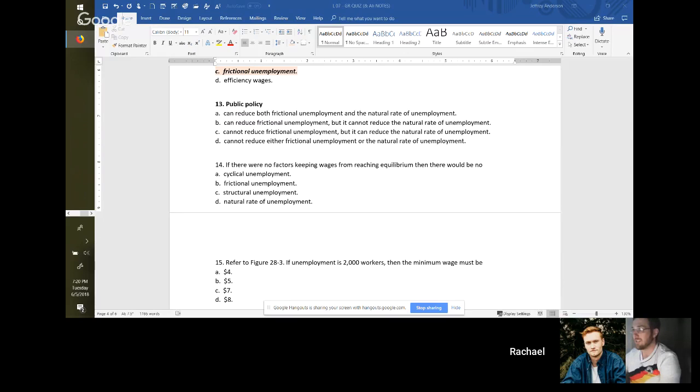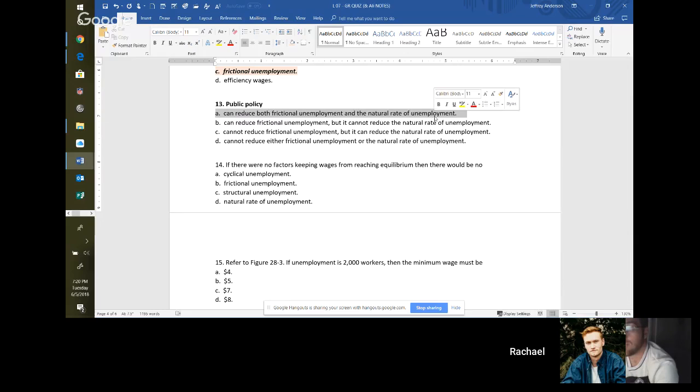Not quite so much. Okay, well, let me see here. Public policy can reduce both frictional unemployment and natural unemployment. I found a definition. Can reduce both frictional unemployment and the natural rate of unemployment. All right, sweet. That one works for me. Sounds good.